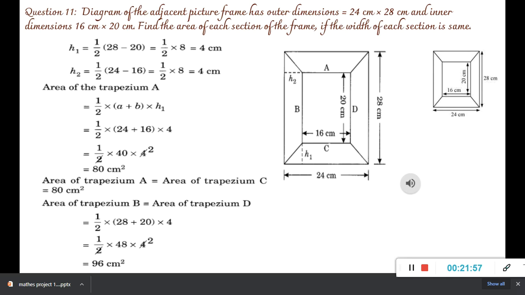Now the area of trapezium B, which is equal to trapezium D, is half into (28 plus 20) into 4, that is 48 into 4 upon 2. So 2 times 48 is 96 centimeters square. So the area of section B and section D is 96 centimeters square each.